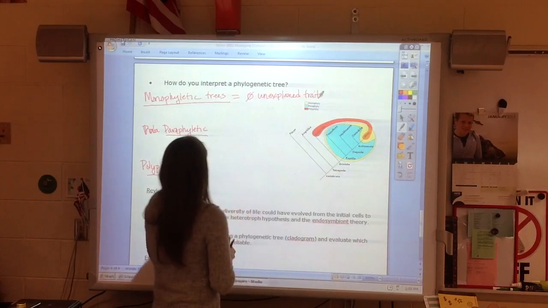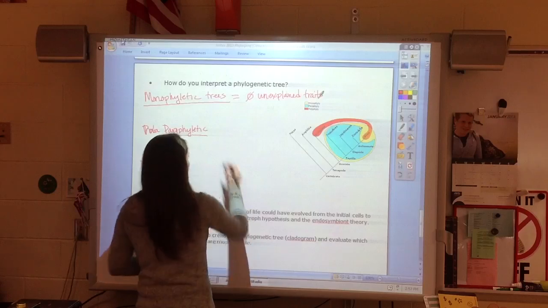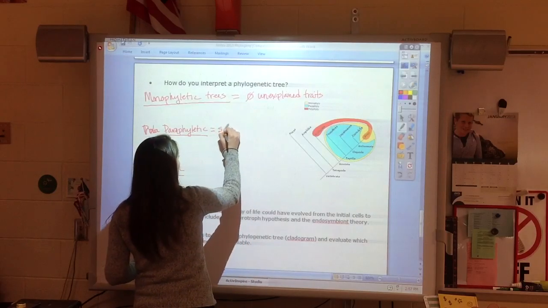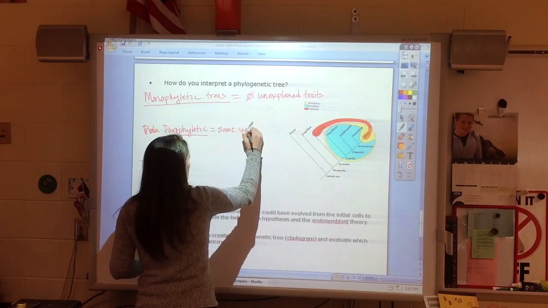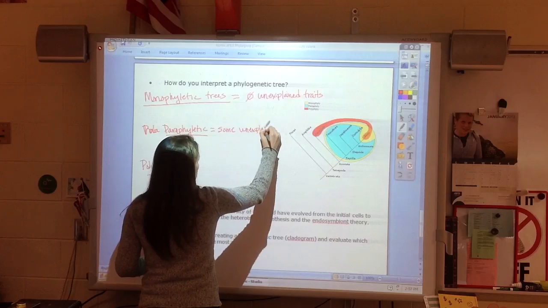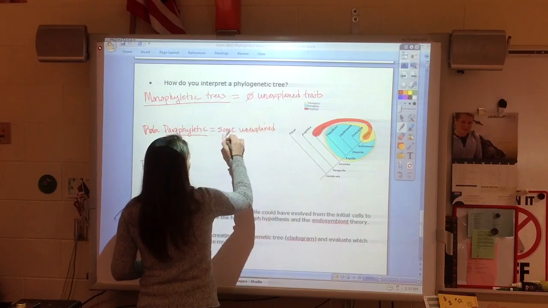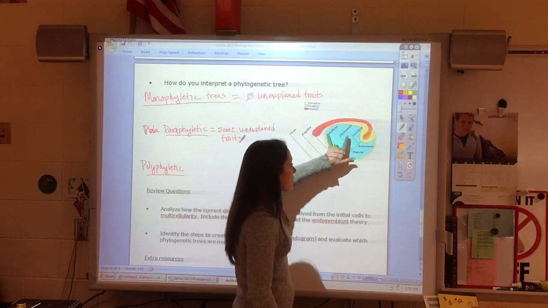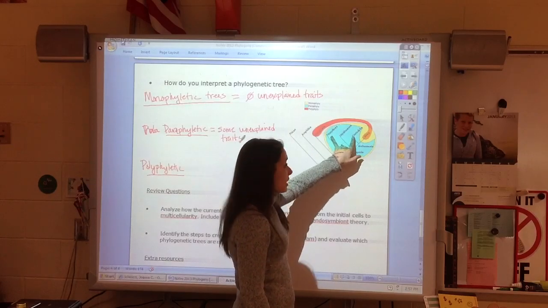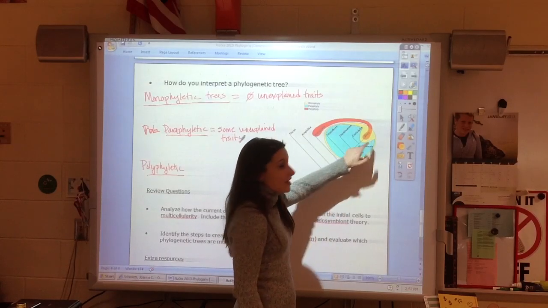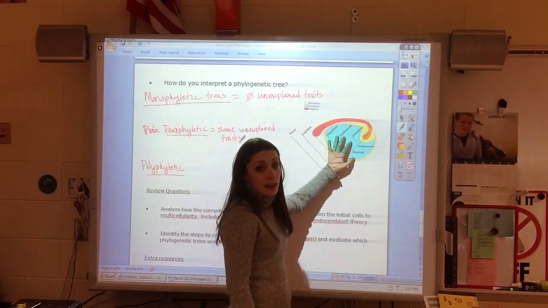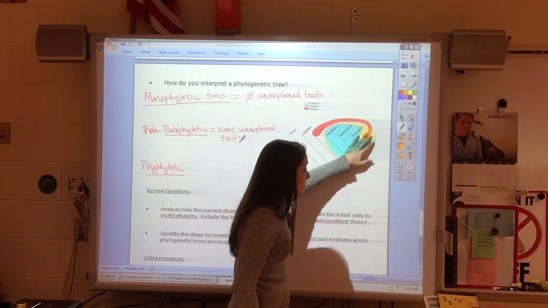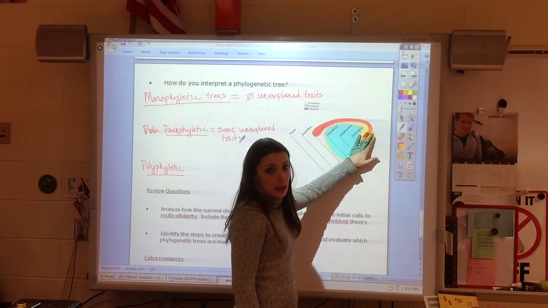A paraphyletic tree means there are some unexplained traits. So if I wanted to group these three organisms together and exclude aves, that would be a paraphyletic tree, because I have something that's unexplained here.